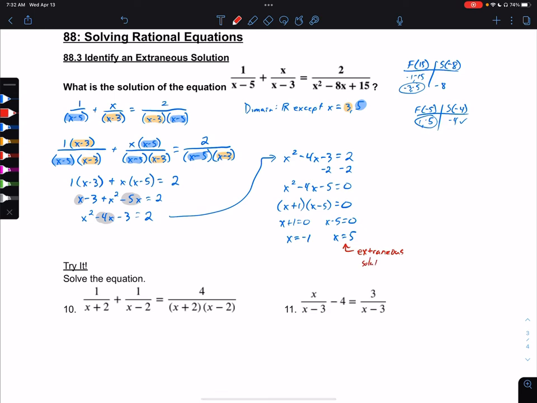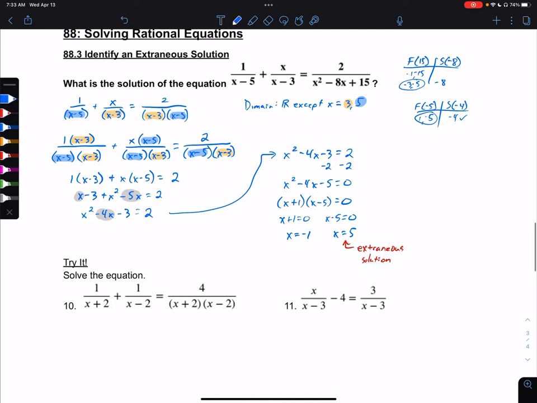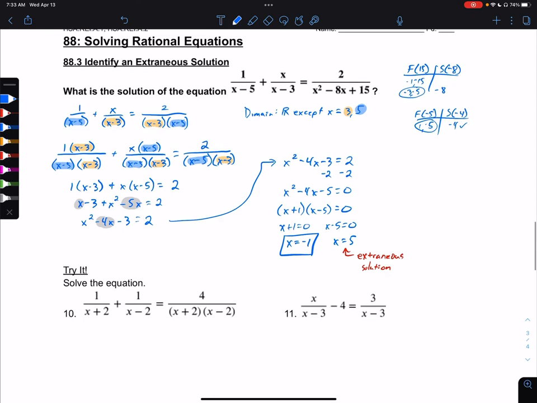Although it does come out as a potential solution, if you were to plug that 5 back into the original problem, you would get an undefined expression, and then that would cause a bunch of issues because you wouldn't be able to do anything. So the only solution we actually have in this problem would be x is equal to negative 1. The x equals 5 you can label as an extraneous solution, but you don't really want to box it in because it's not going to be a solution to your equation.